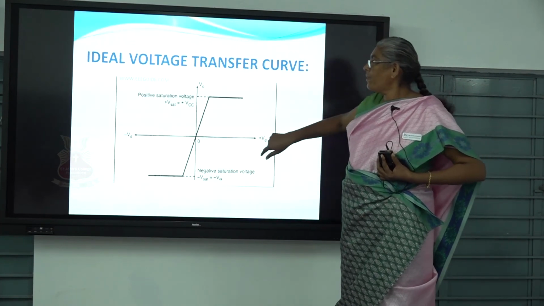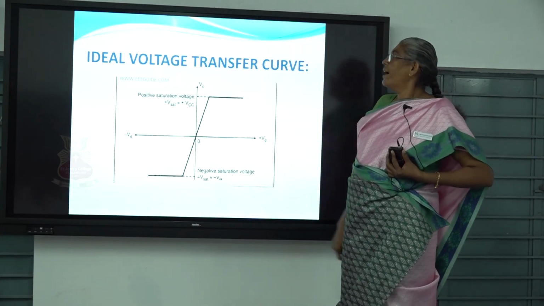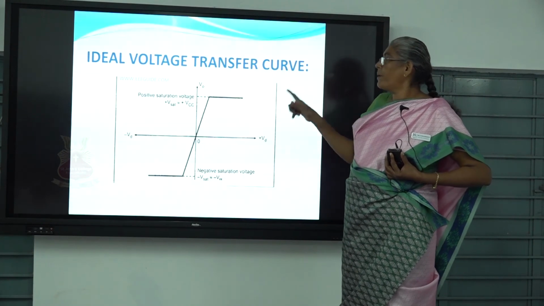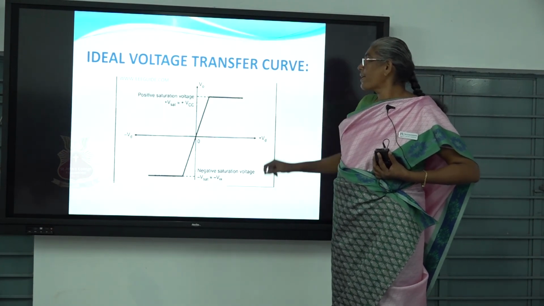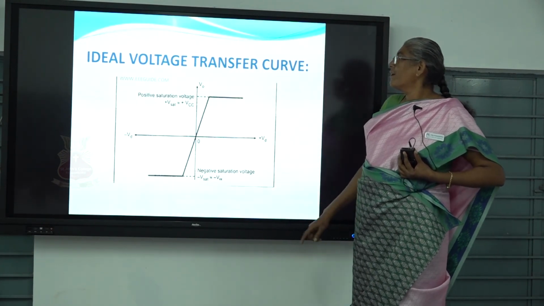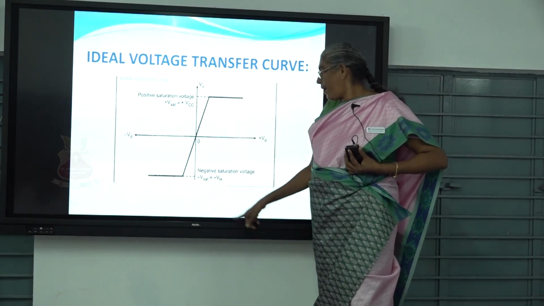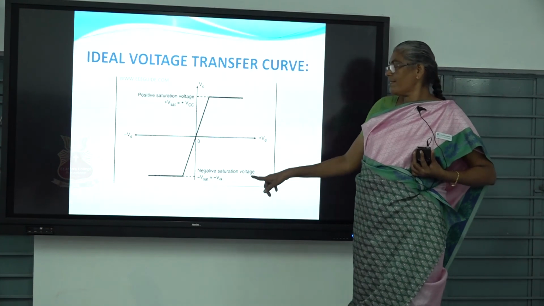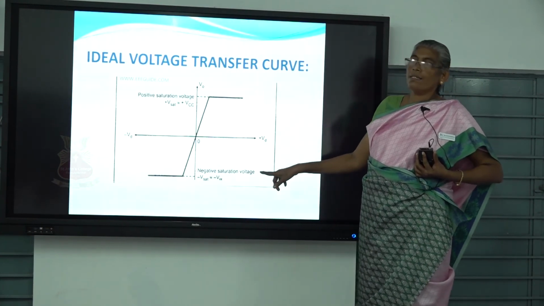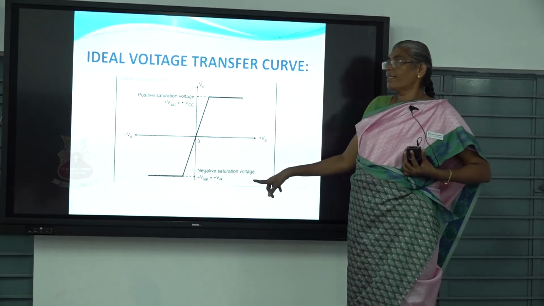We know the graph of the ideal op amp. The positive saturation voltage is nearly equal to VCC and the negative saturation voltage is minus VEE.